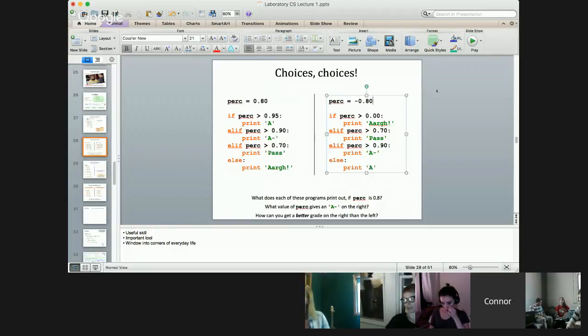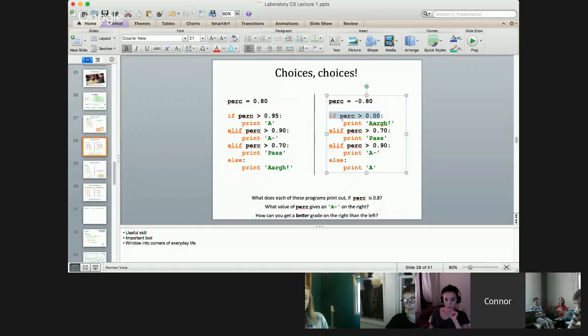Yeah, so let's put perk equal to negative 8. Walk us through how the code runs. So perk equals negative 8. What are we doing? So if percent is above 0, you're going to get arg.